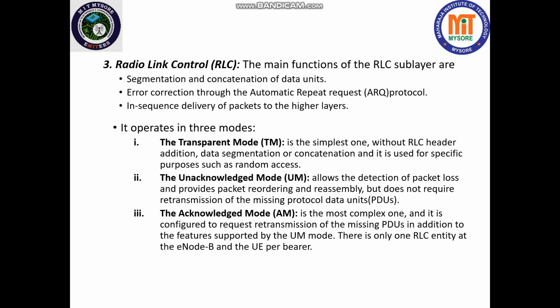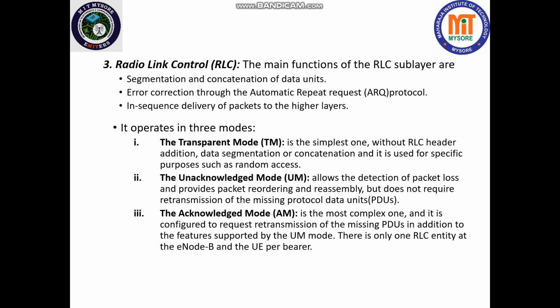Next one is radio link control protocol. The main functions of the RLC sublayer are segmentation and concatenation of data units, error correction through the automatic repeat request protocol, and in-sequence delivery of packets to the higher layers. This radio link control operates in three modes.